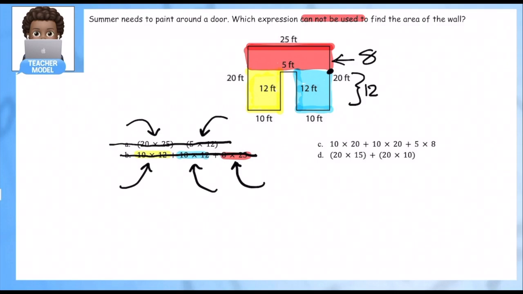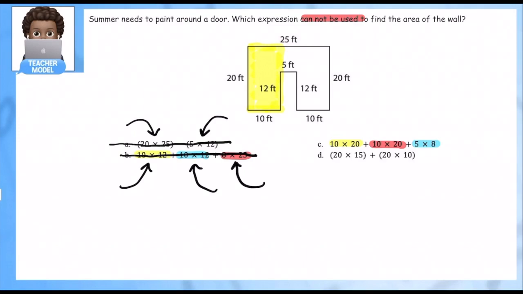All right, let's do another one. We have a few expressions here. We have 10 times 20, 10 times 20, and 5 times 8. Those three products are going to be added. We already know where the 10 times 20 is coming from. Here's 10, here's 20, so that's this part over here.